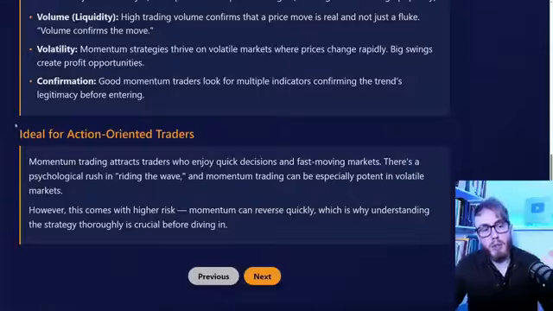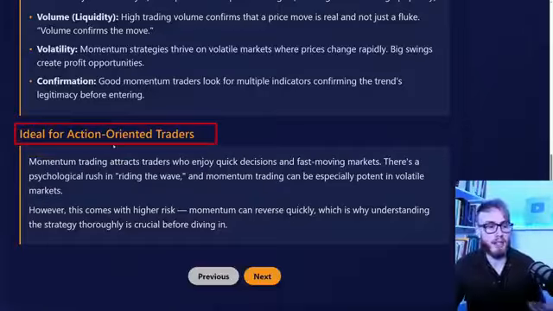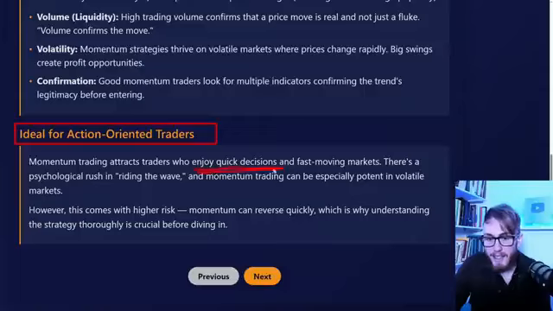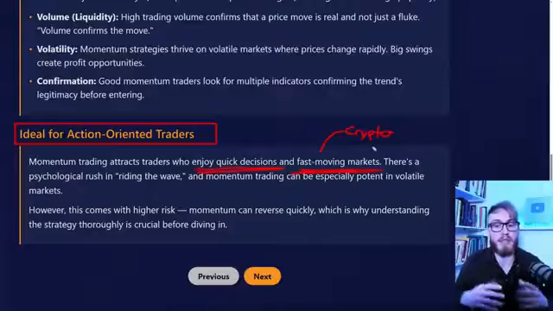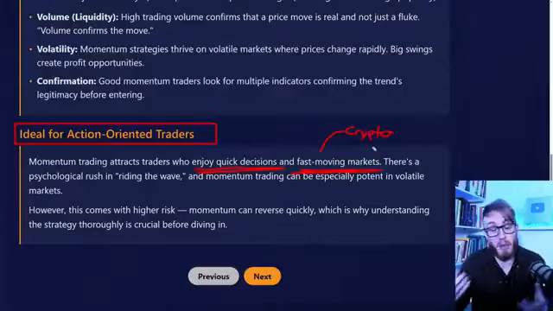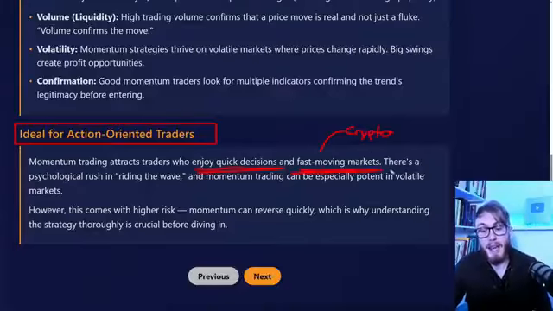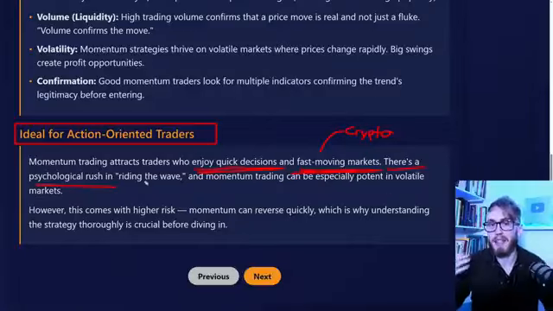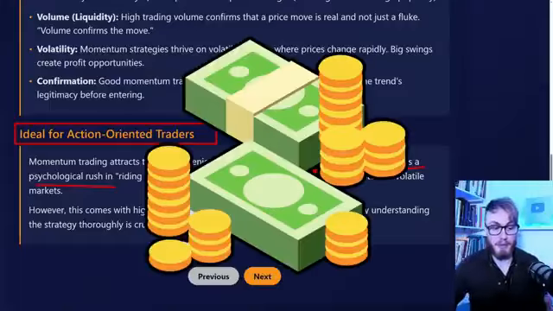But all right, so who is momentum trading for? Well, if you are a trader who enjoys quick decisions and fast moving markets, so maybe you are trading crypto, or maybe you are trading fast moving stocks, for example tech stocks, there often is a psychological rush in riding the wave. It feels really good to buy high and sell even higher. And momentum trading can be really profitable.